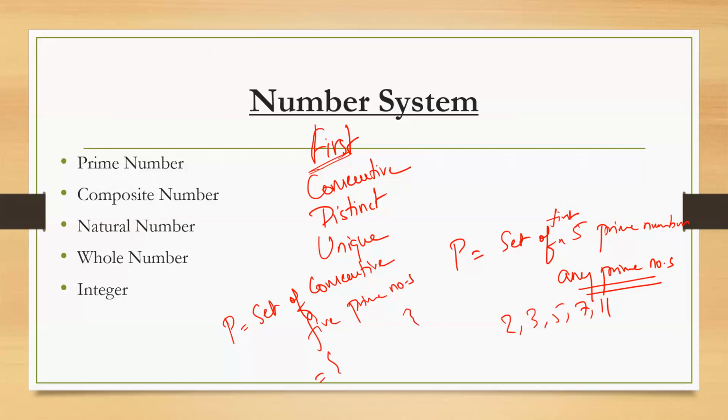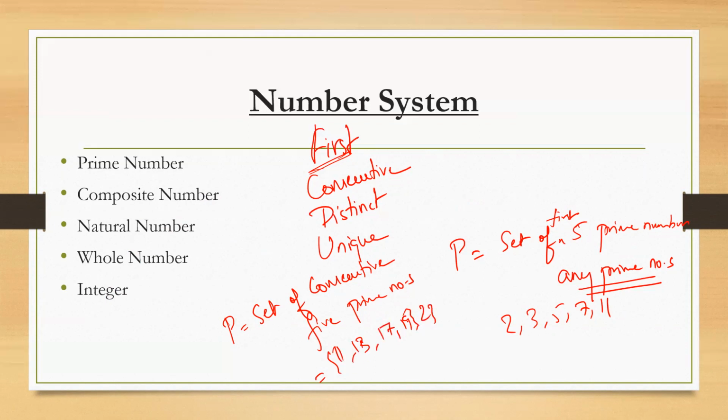If I say P is set of consecutive 5 prime numbers. Exactly. Okay. So please understand it. Very good, Adira. That is, it can be any 5 prime numbers. The only condition here is it has to be consecutive. It can start from what? Let's say 11 also. 11, 13, 17, 19, 23.